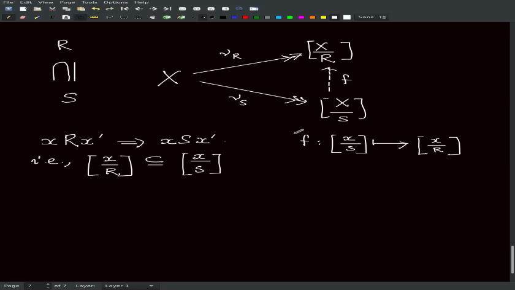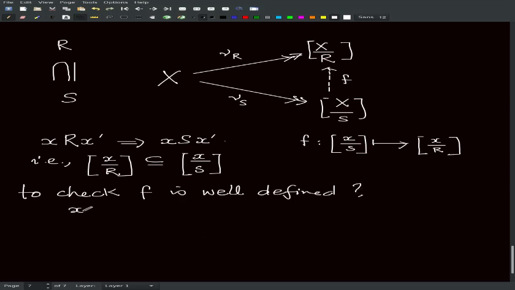Why? See, I'm saying this. So there is a question which is usually in textbooks written to check whether F is well defined or not. What is the problem over here of well definition?